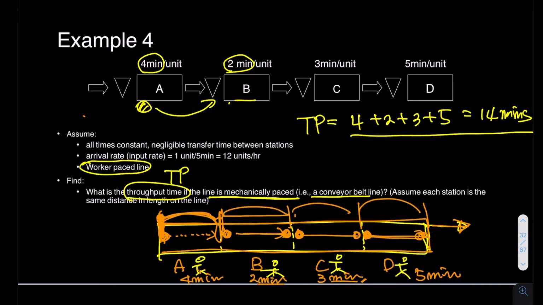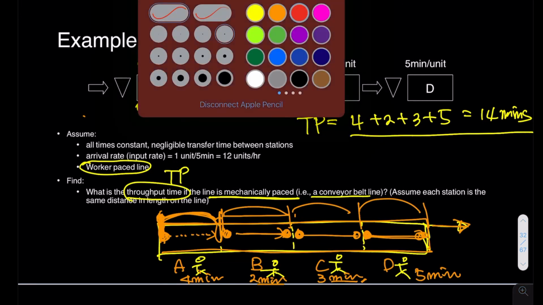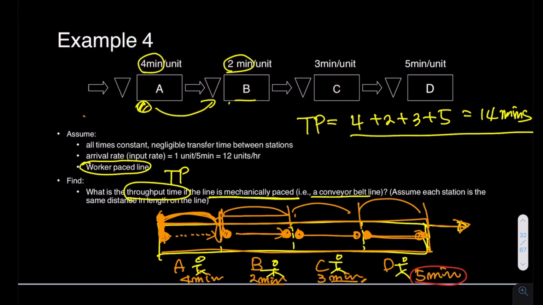So how many minutes should you allow if the time allocated for each station is the same? You must look at the longest time. Since you have to allow at least 5 minutes for station D, for the same distance, the movement of the materials on the conveyor belt will be the same speed.